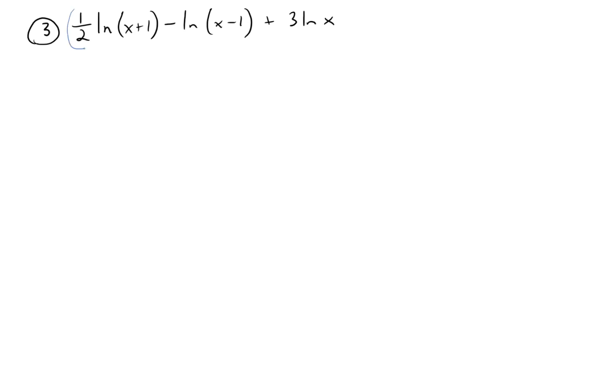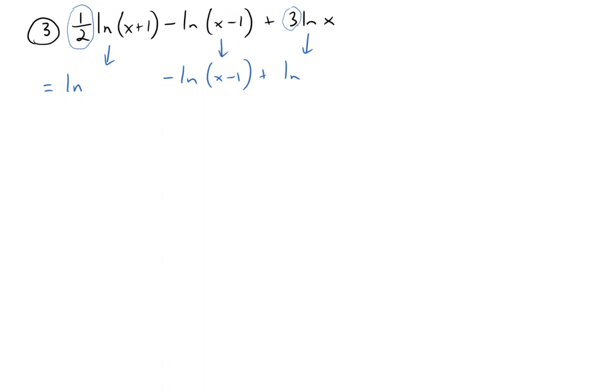So we're going to have to deal with this coefficient of 1/2 on your first logarithm and this coefficient of 3 on your third logarithm. Once you do that, your next step is going to look like natural log of something minus natural log of x minus 1, nothing to be done there, plus the natural log of something for this last guy after you deal with the coefficients.